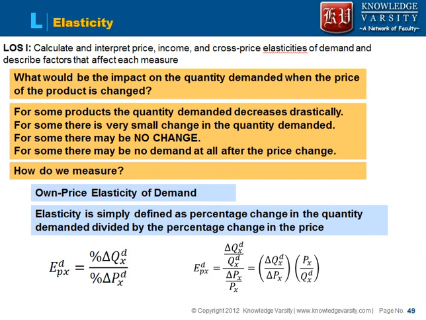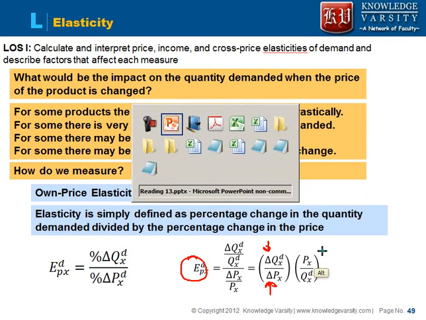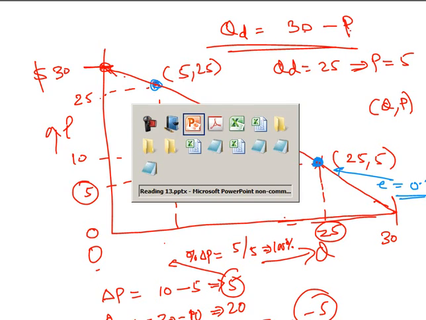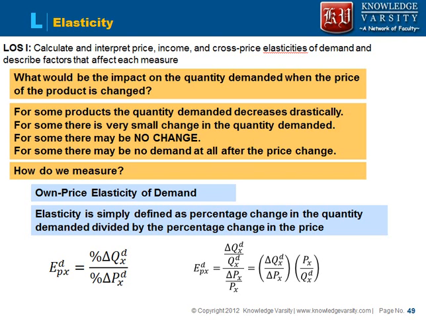Note that elasticity at any point depends on the change in the quantity and the change in the price. Even whatever the quantity I am changing here and here, it is the same. The price change may be the same, may not be, but in this kind of simple equation it will be the same.